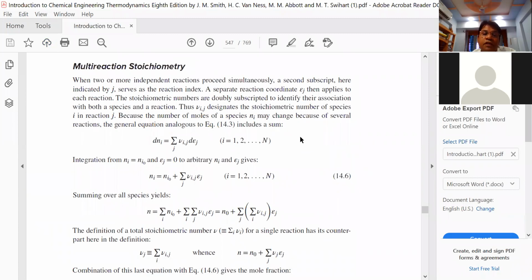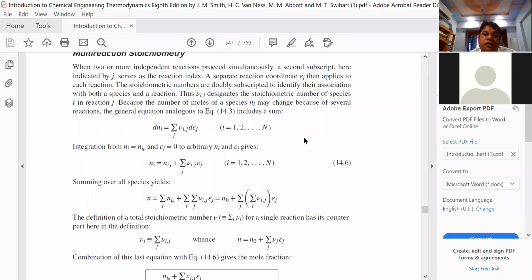If we have more than one reaction, then how can we represent it? That means how we express the relation between mole fraction or equilibrium composition with the extent of reaction.